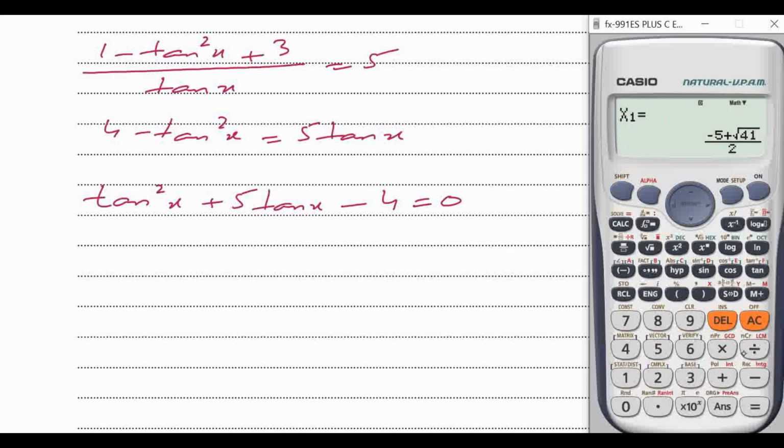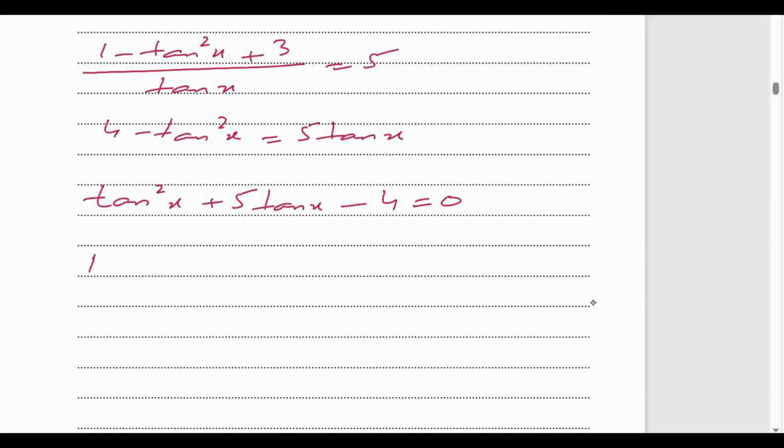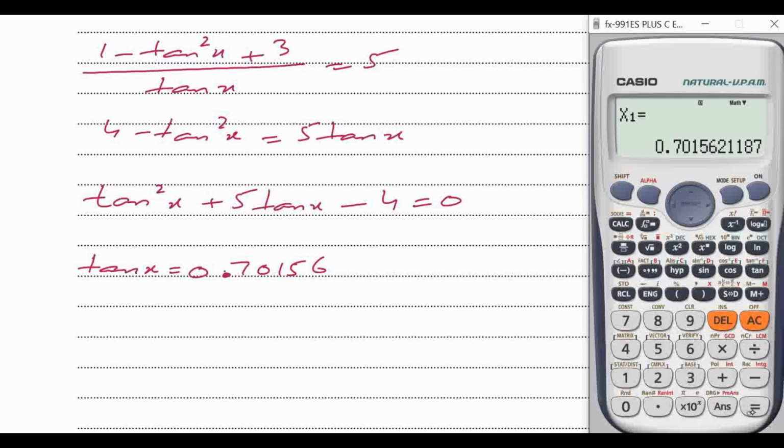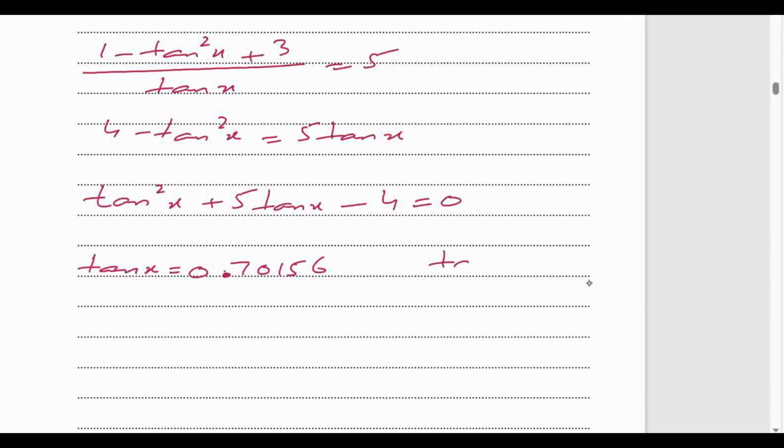So the first value will be equals to 0.70156, so tan of x will be equals to 0.70156. And the other value will be negative 5 point, so tan of x will be equals to negative 5.71.